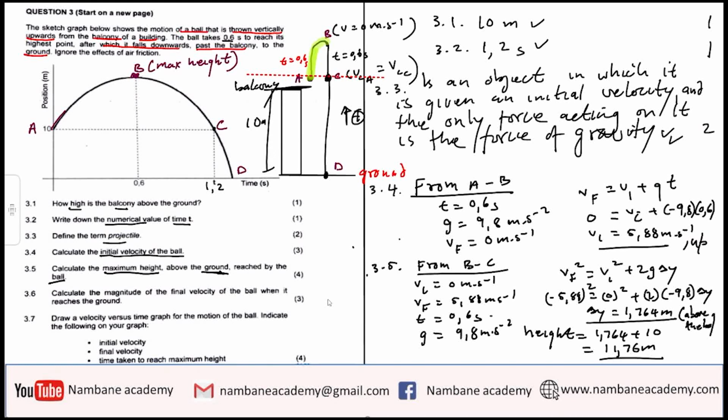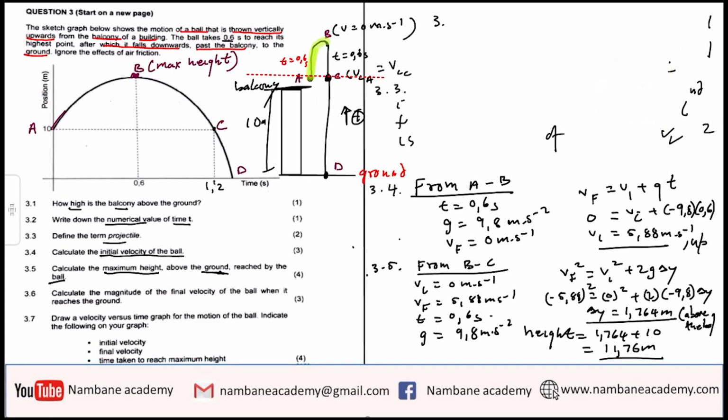If I were to ask you a question at this point here, the green one, anything about that point there, ladies and gentlemen, you are going to get confused. Why will you get confused? Because you don't know where you are in the position of the projectile.